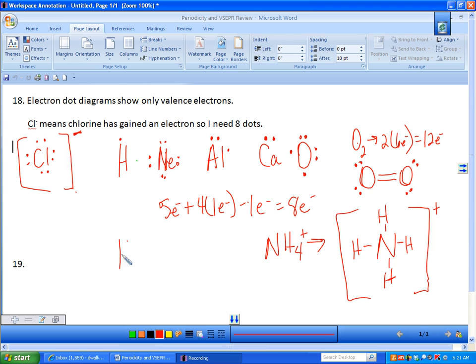HCN, okay, so HCN, hydrogen has 1 electron, carbon has 4, nitrogen has 5. So that gives me 10 electrons, so I need a H, a C, and an N. So again, I'm just going to play.